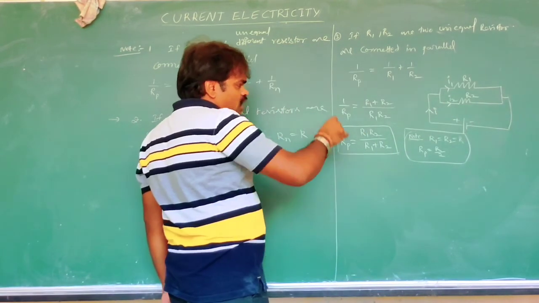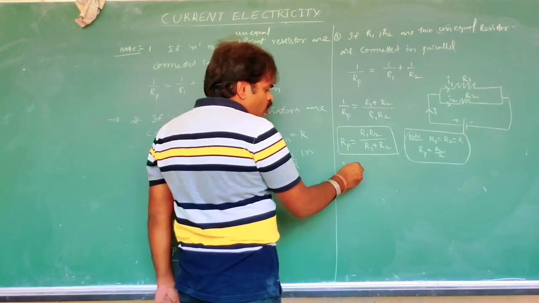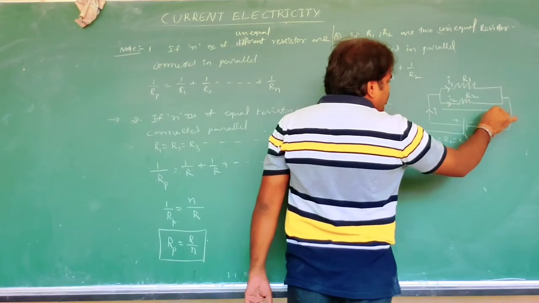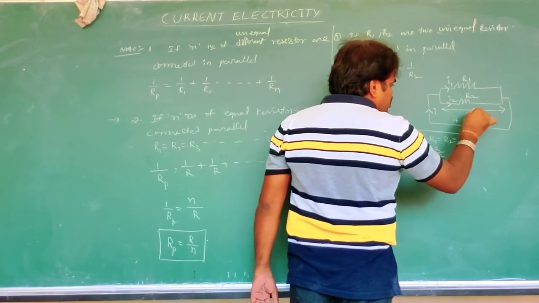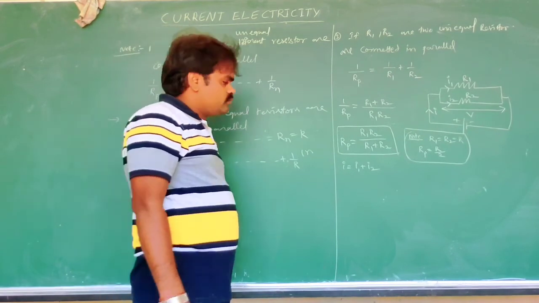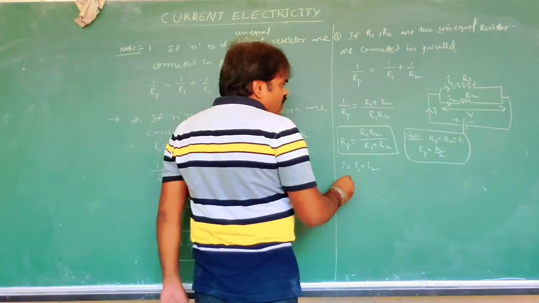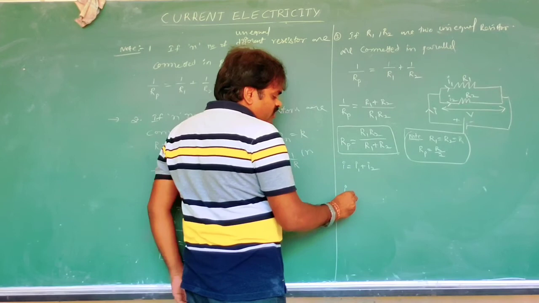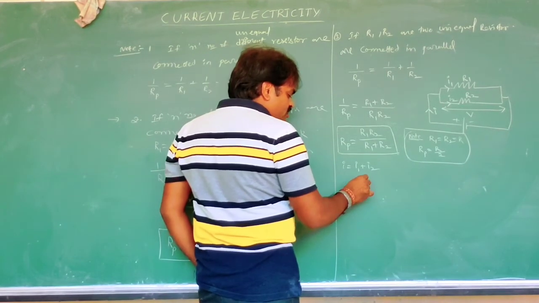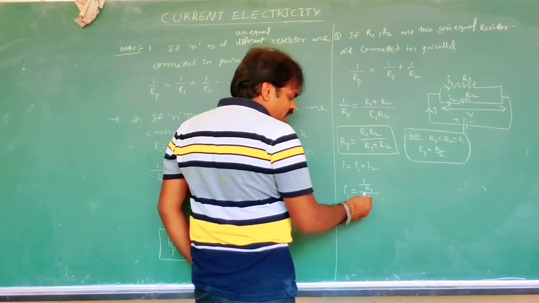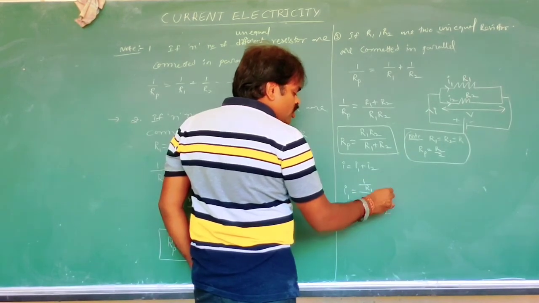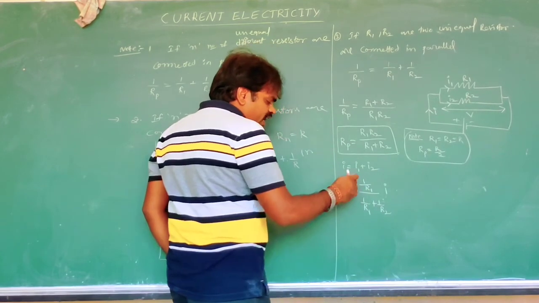Now, what is the total current? I is equal to I1 plus I2. Then the potential across this combination of resistors must be equal to the applied potential. Then we can write, what is I1? I1 is equal to 1 by R1 by 1 by R1 plus 1 by R2, into I. You take LCM here.